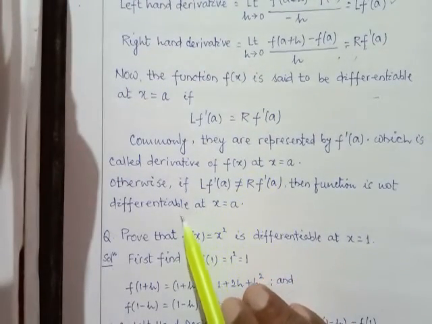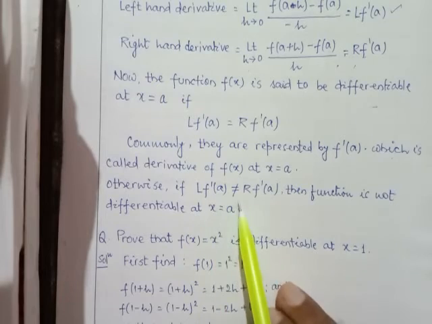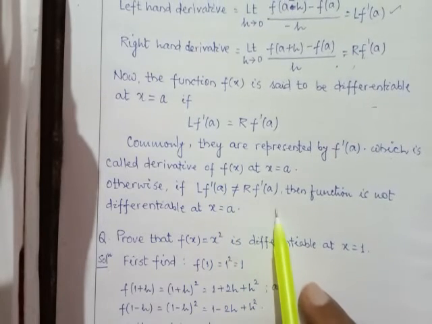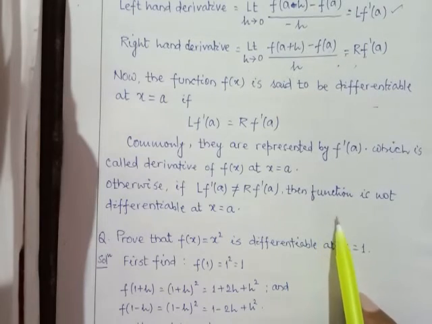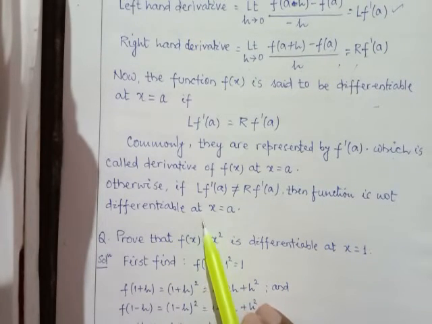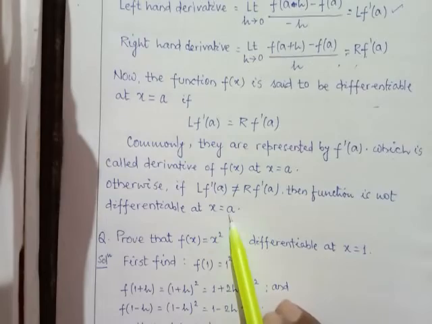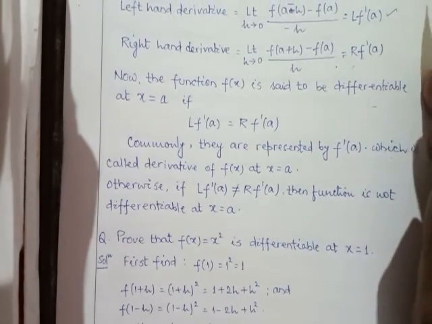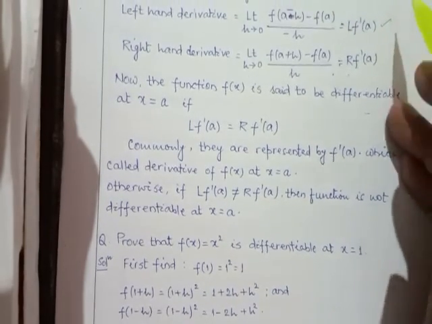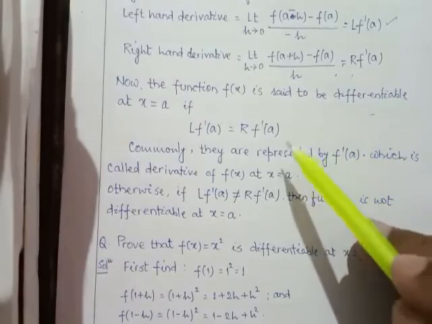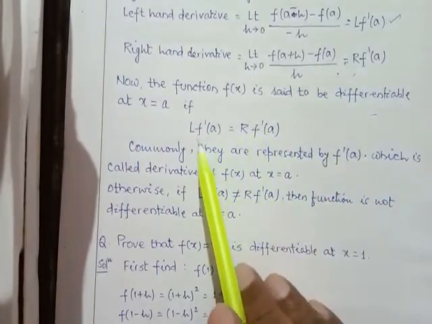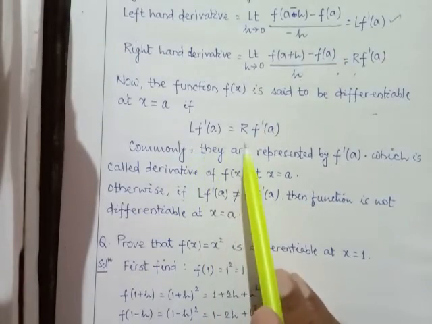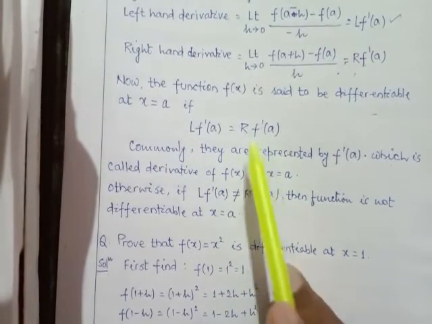Otherwise, if the left hand derivative and right hand derivative are not equal, then the function is not differentiable at x equals a. So in differentiability, you just have to verify whether the function is differentiable or not, and for this we check the left hand derivative and right hand derivative.